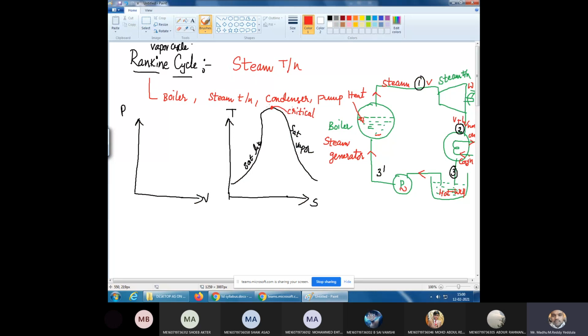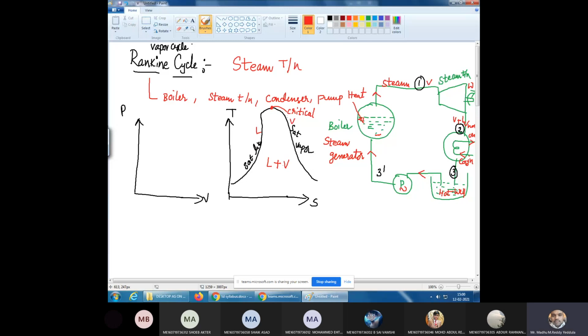Above the critical point, the gas will behave as a perfect gas. The left side line is the liquid line, the right side line is the vapor line. This is pure liquid here, this is pure vapor. In between the liquid line and vapor line, it is a two-phase mixture, a combination of liquid and vapor. Got the point?